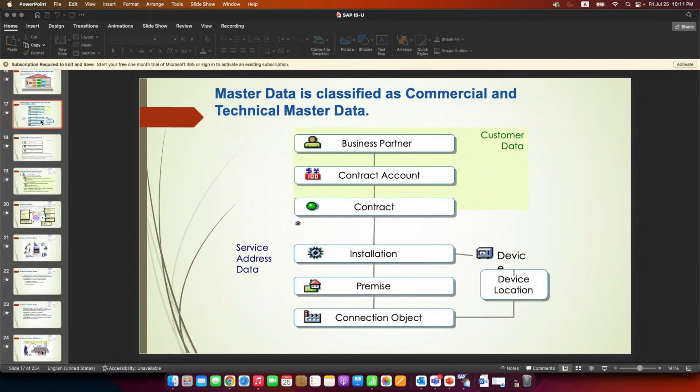In general, if you look at a sales system, we don't call it a business partner, we call it a customer. But when it comes to utilities, we call it a business partner because a business partner can perform multiple roles. Himself, he might be a vendor to your utility company by providing meters or equipment or whatever it is.